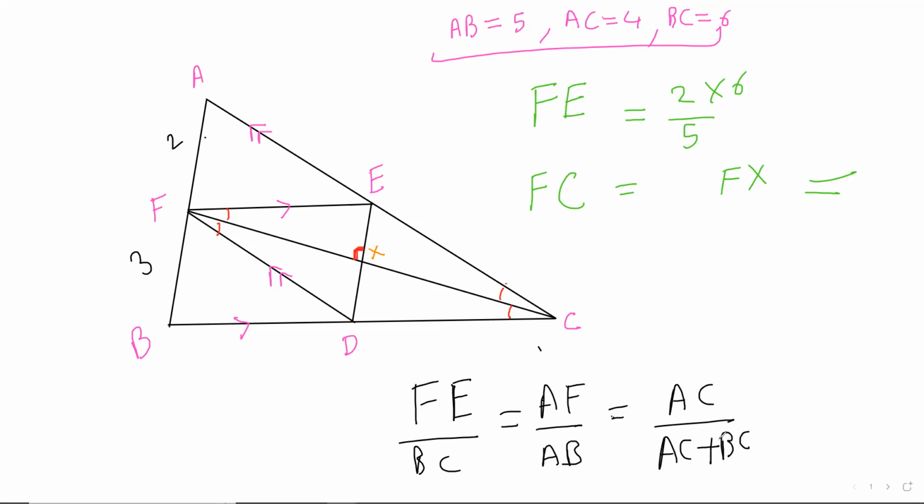So finding FE is simple, but finding FX is hard. If finding EX was simple, then finding FX and hence FC would also be simple, but I don't think there is a simpler way to find the angle bisector length.